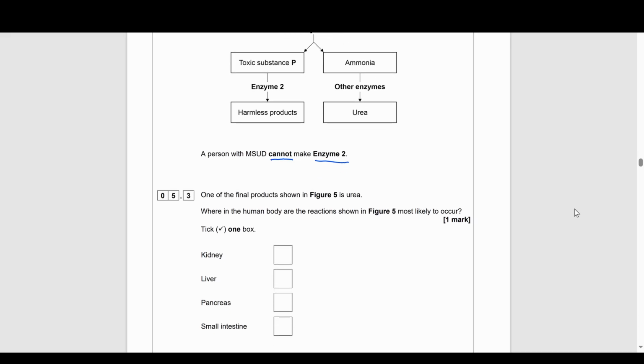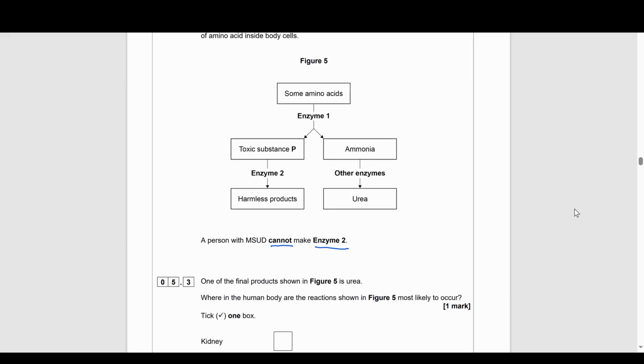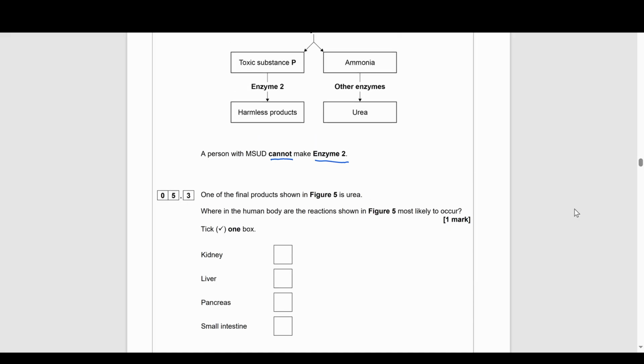5.3. One of the final products shown in figure 5 is urea. Where in the human body are the reactions shown in figure 5 most likely to occur? Okay, so we're looking for where ammonia, which is converted by these other enzymes into urea, is happening in the body. Well, it's not happening in the small intestine, because in the small intestine we're just getting absorption of any food that we take in into our blood.